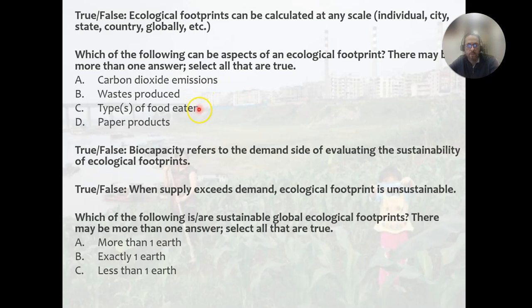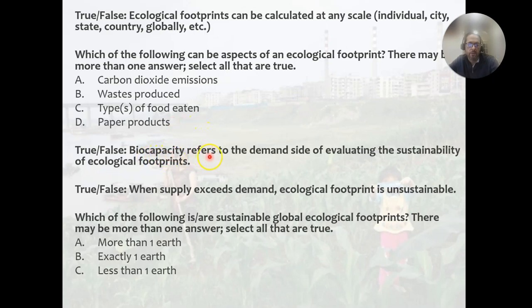Yes. Types of food eaten? Yes: meat versus vegetables, different kinds of meat, seafood, etc. Paper products? Absolutely, because that comes from trees. Now maybe that's renewable, or recycled products, in which case it doesn't really count toward the ecological footprint except for any energy that's used.